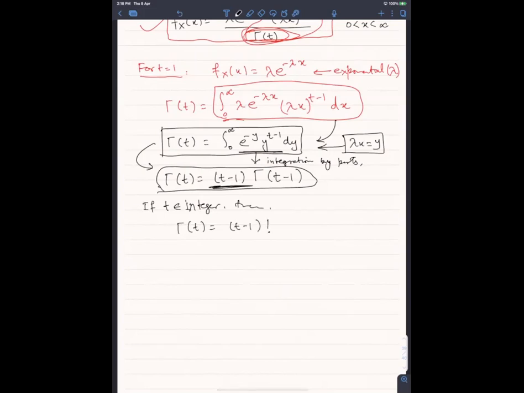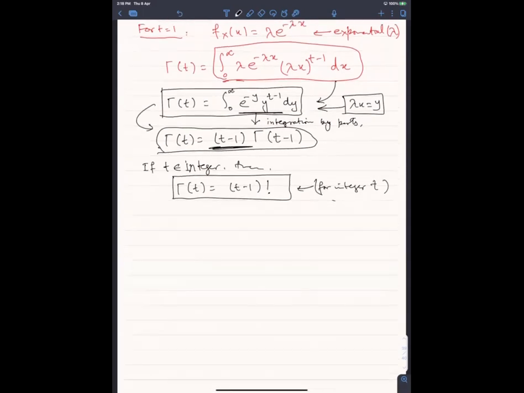Why? Because this is the factorial definition with t minus 1, so this equals t minus 1 factorial. Okay? Only for integer t. Okay? Now for t is equal to 1, gamma t comma lambda is equal to gamma 1 comma lambda is really the same as exponential distribution with parameter lambda.